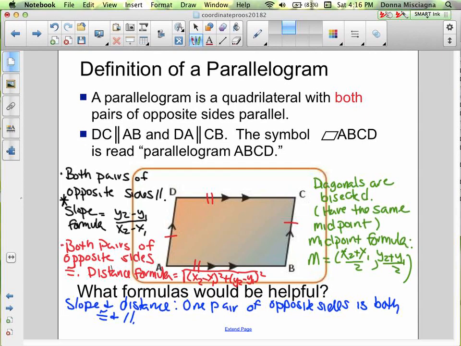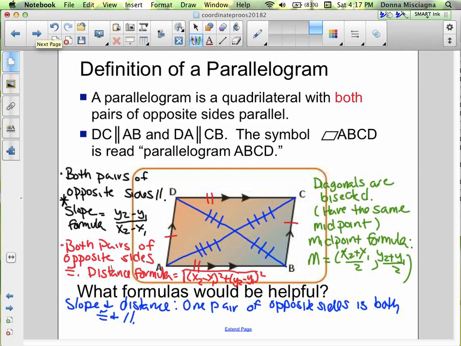A fourth way that we could show a figure is a parallelogram is to show that the diagonals bisect each other. If you remember, the diagonals of a parallelogram bisect each other, which means they divide each other into two congruent parts. Now, how do you go about proving that the diagonals bisect each other?